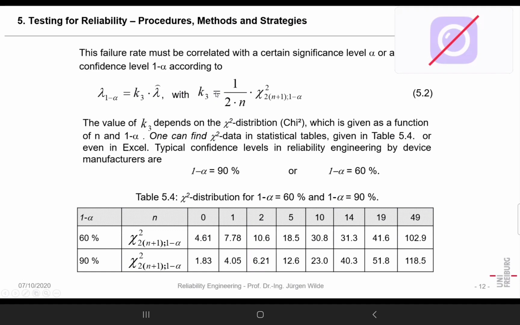So if you have, based on only one failure, a 90% probability that the failure rate you give is true, then you have to take the estimator and multiply it roughly with 2. Yeah, and in that way you get a failure rate which is related to a certain probability that it's true.